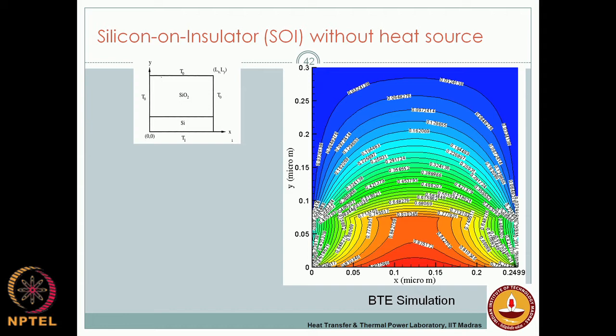Okay. So, if you look at your solution of the heat diffusion equation, where you apply your Fourier's approximation and then you solve it, you will be seeing a set of temperature contours, and at the same time you will not be seeing any kind of discontinuity in temperature between silicon and SiO2.